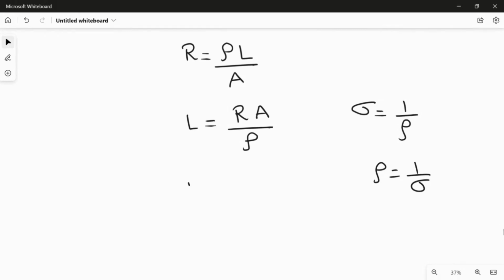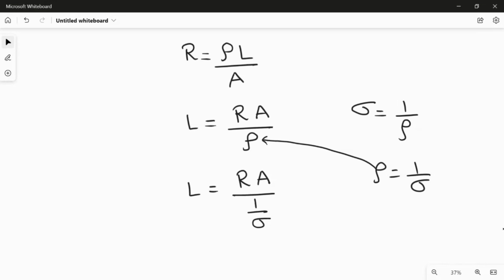So in this place, I can write L is equal to R multiplied by A, where R is the resistance, A is the cross-sectional area of this material, over, and in place of resistivity, I'm going to use this. So if you substitute, this will become 1 over sigma.